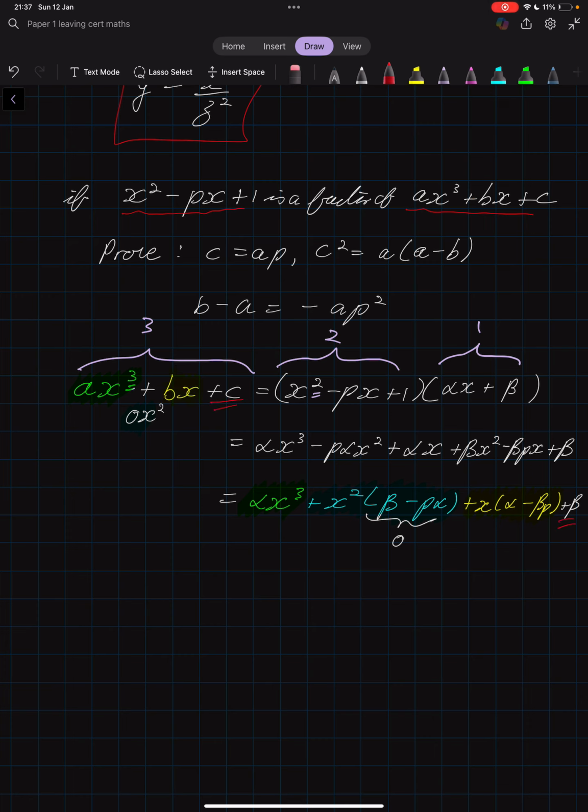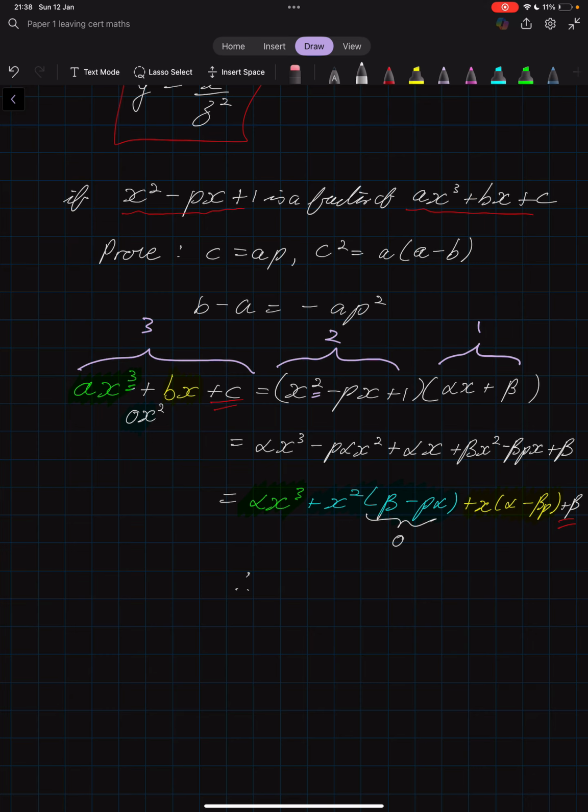It says that if you have x cubed on the left and x cubed on the right, they must be equal. If you have x squared on the left, they must be equal to x squared on the right. So on the left hand side, I have no x squareds, but on the right hand side, I do. The only way for those two things to be equal is if on the right hand side there are no x squareds, which means that this thing must be equal to 0, and therefore we get that beta must equal p alpha.